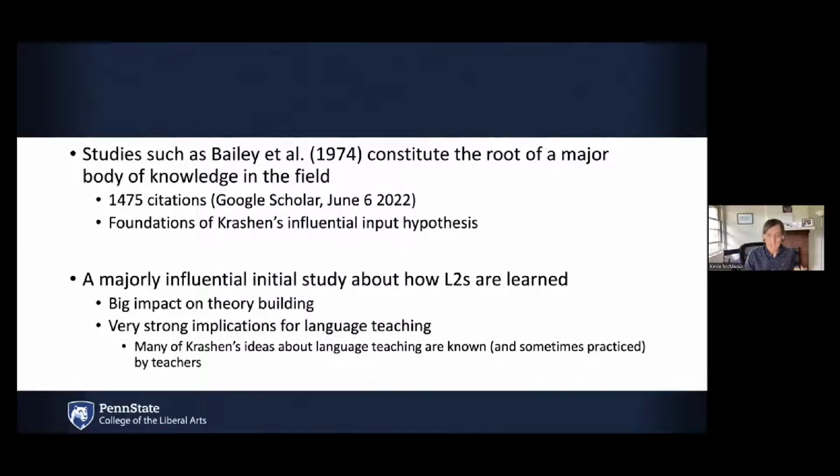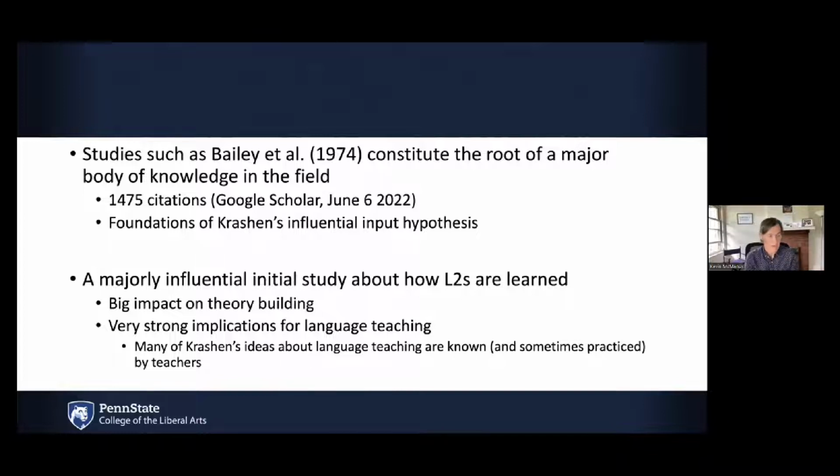So even though this study was immensely influential for shaping our field, it continues to exert major influence on our field, right? Those of you who know something about SLA theory or language teaching theory will be aware of things like Krashen's input hypothesis. Again, immensely influential, which took its impetus from those early morpheme order studies, right?